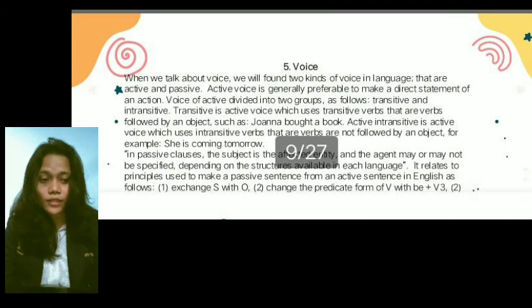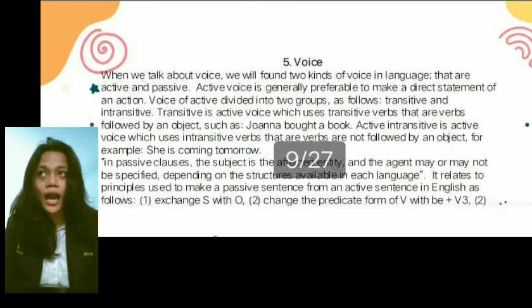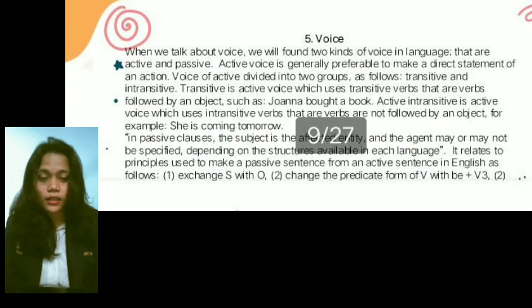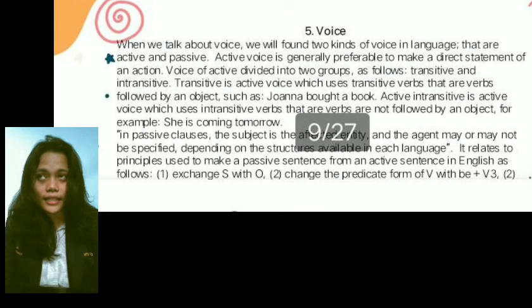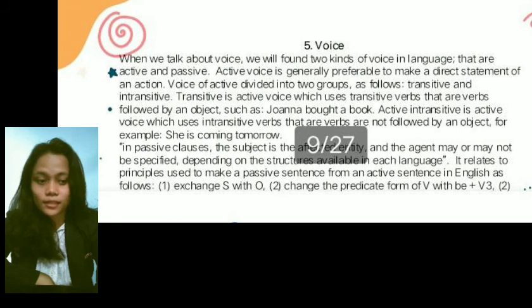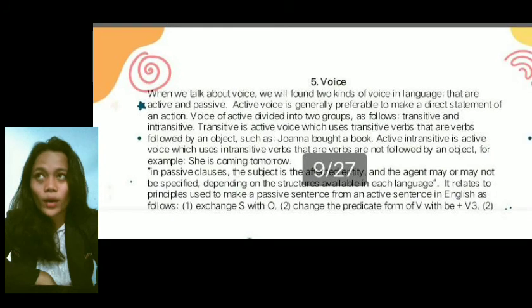In passive clauses, the subject is the affected entity and agent may or may not be specified, depending on the structure available in the language. It relates to the principle used to make a passive sentence from an active sentence in English as follows.